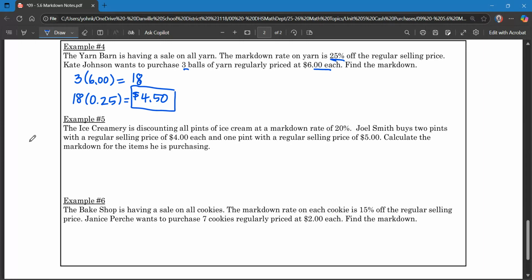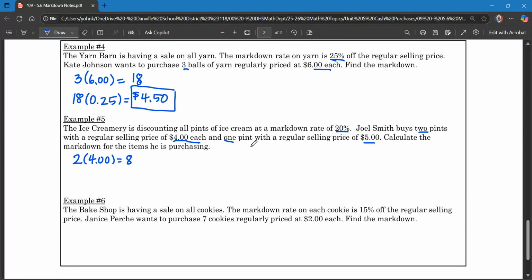All right, number 5, the Ice Creamery is discounting all pints of ice cream at a markdown rate of 20%. Joel Smith buys 2 pints with a regular selling price of $4 each and 1 pint with a regular selling price of $5. Calculate the markdown for the items he is purchasing. All right, let's find the total that he is buying. 2 pints with a regular selling price of $4 each. So I need to multiply 2 times $4 to get 8.